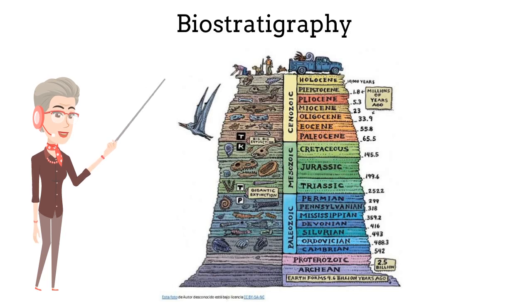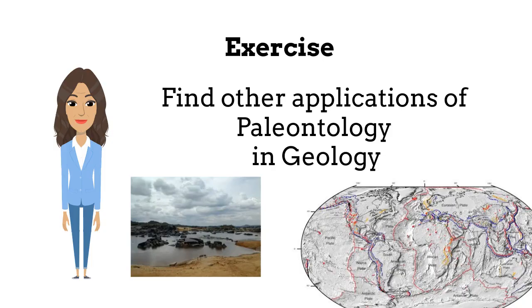Biostratigraphy is a branch of stratigraphy that uses fossil assemblages to establish relative ages of rocks and stratigraphic units. Fossils with known ranges in the geologic record are used as biostratigraphic markers, allowing geologists to correlate and date rock layers. Exercise: Do research and find at least 3 more applications of paleontology in geology.